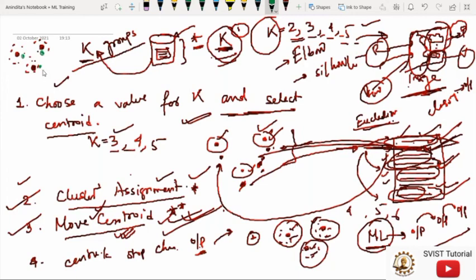If the position of the centroid changes, the data points will again try to find which centroid position is nearer to them. So accordingly, the data points will change. It may happen that this data point initially belonged to this cluster, but when the centroid changes, it becomes part of this other cluster, because this is now the current position.